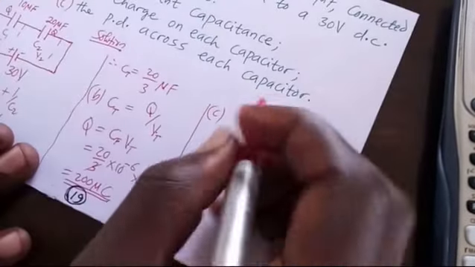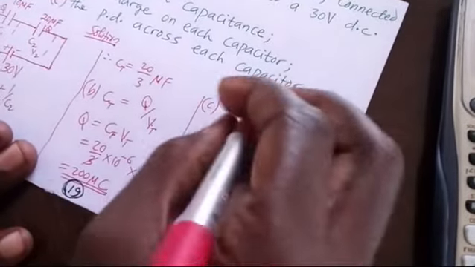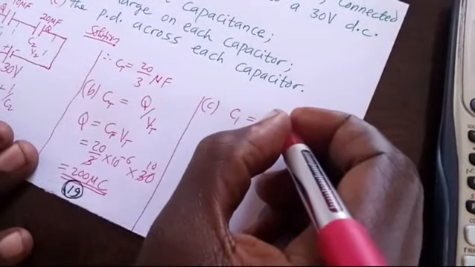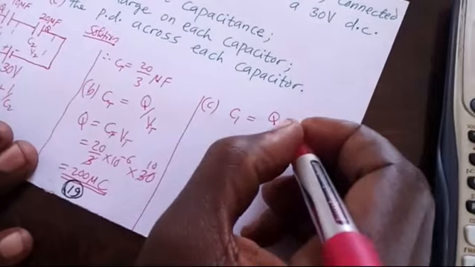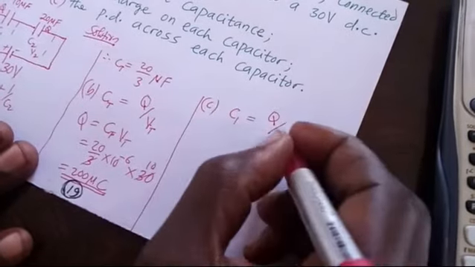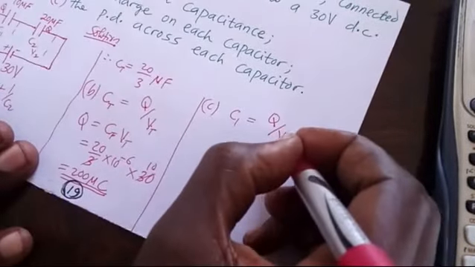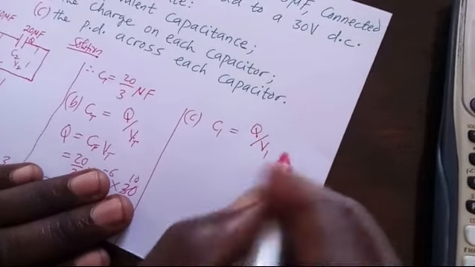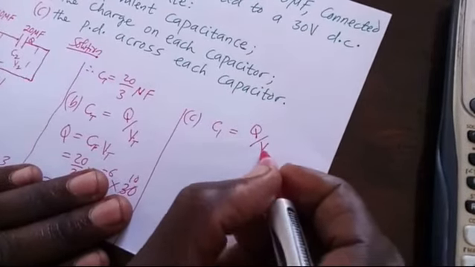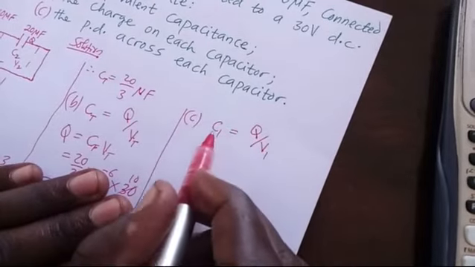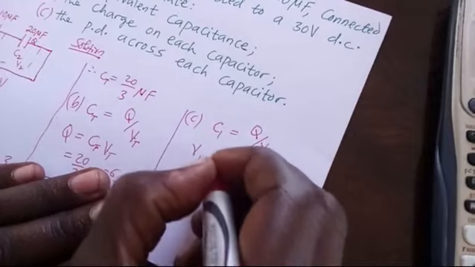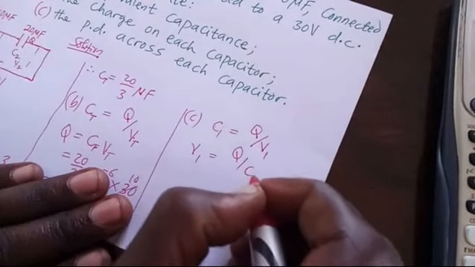For C1, C1 is equal to the charge stored in C1 divided by the PD across C1, which is V1. So make V1 the subject of the formula: V1 is equal to Q upon C1.